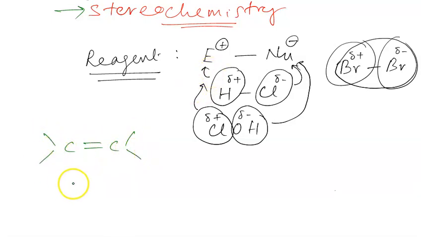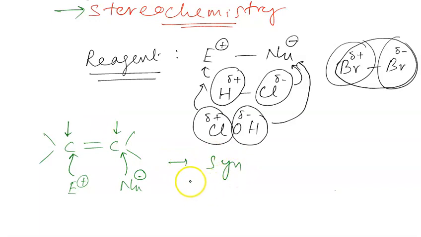When the electrophilic part E plus and the nucleophilic part add from the same side, so if this joins from this side, this also joins from this side, either from this side or from this side, then such an addition is known as syn addition.